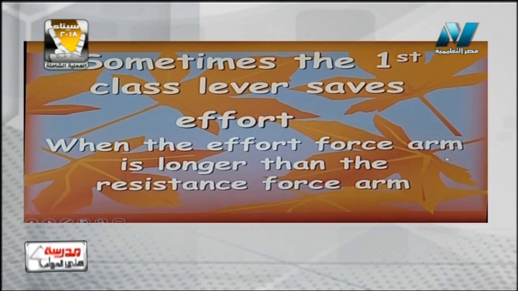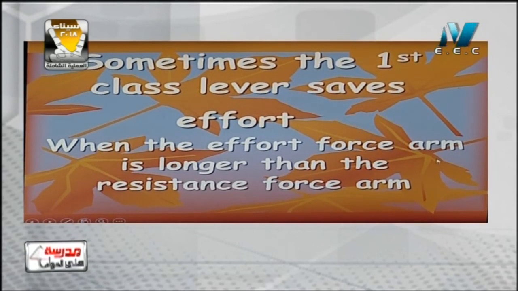The same answer as the second class lever. The second class lever saves effort. Why? Because the force arm is longer than the resistance arm. Sorry. So when he asks, sometimes the first class lever saves effort, I will say because the effort force arm, the effort arm or the force arm as you like, is longer than the resistance force arm or the resistance arm.